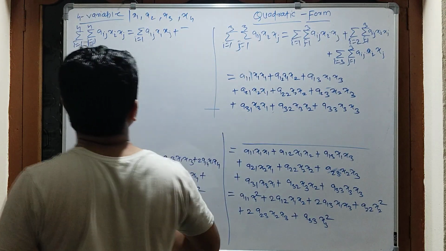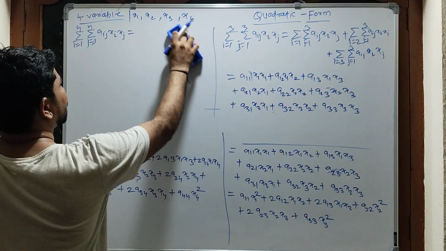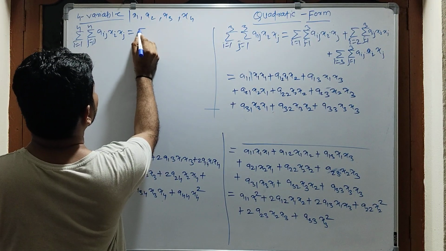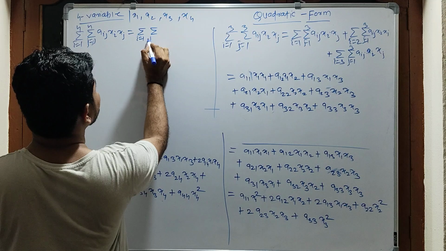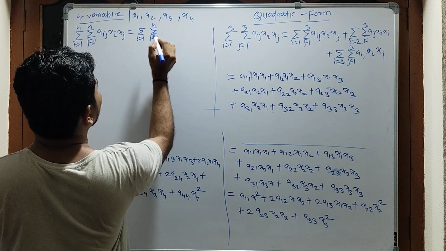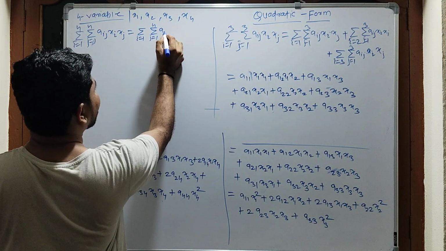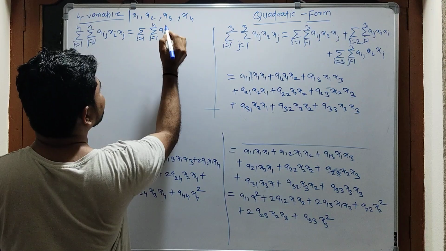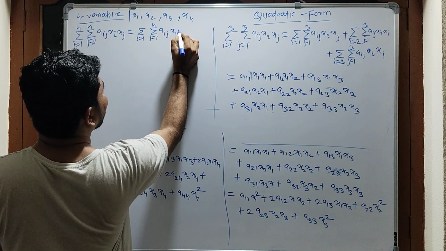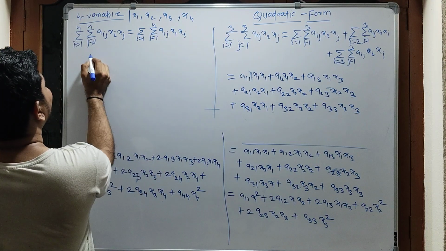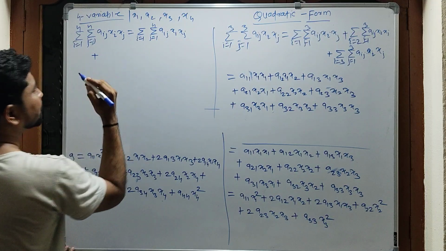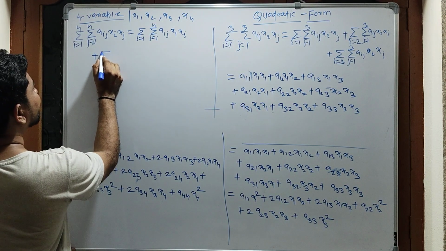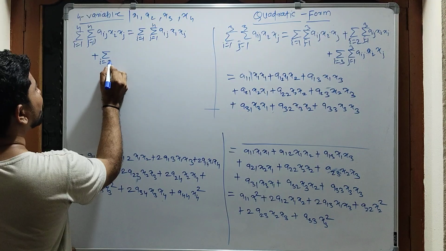Sorry, I want to write one more summation here. Here I am fixing i equal to 1 and changing j from 1 to 4. So this is a, where i is 1 and j is changing, plus now next fix i equal to 2.